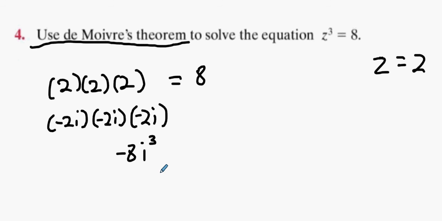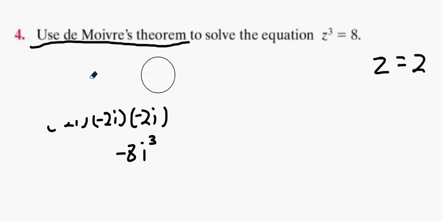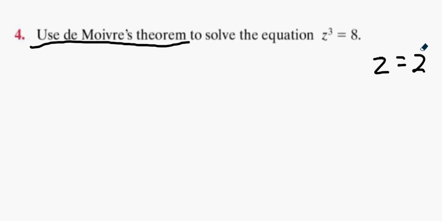Is that alright? So, here's what you're going to do. You have to present 8 in polar form. You can only use the Myers theorem and what happens? When it's in polar form. Okay?